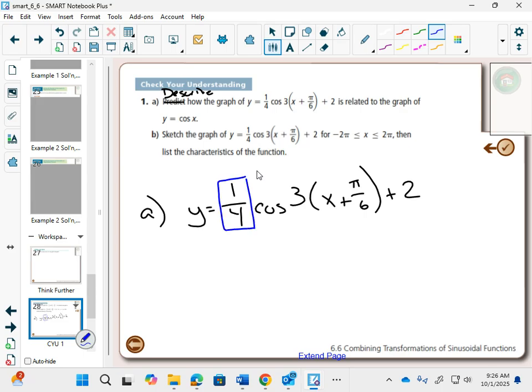Okay, that 1/4. You could describe this with transformations. This would be a vertical compression. The y values would get multiplied by 1/4. You could describe it as the shortcut that the amplitude is 1/4.